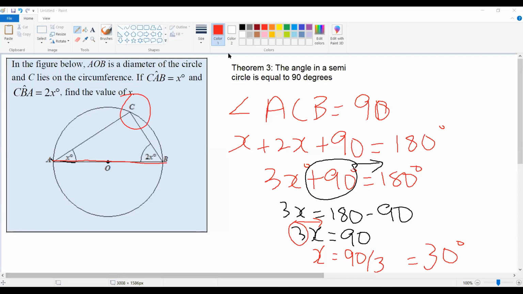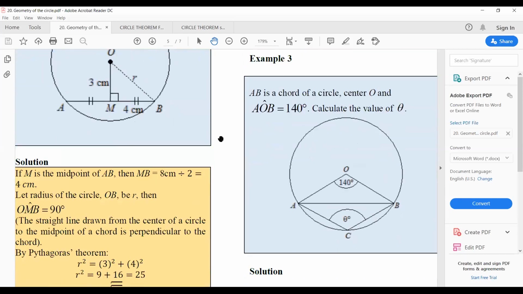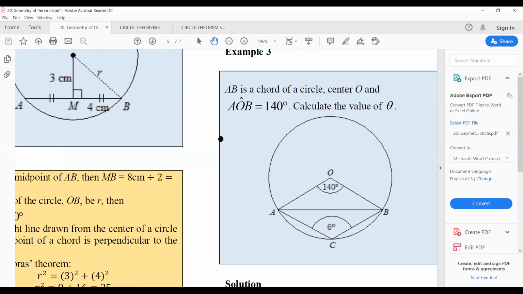Okay, so on to our next question, and I will call on somebody to answer these questions now. Look at this question here. Example 3. Try that question for me.